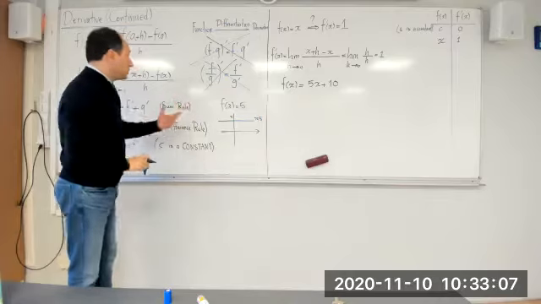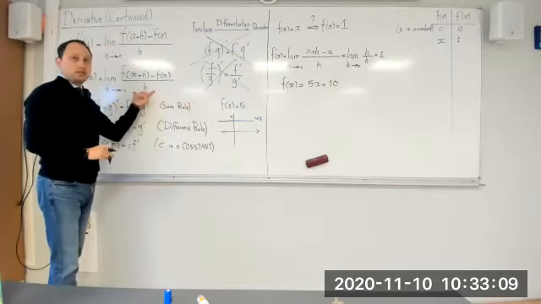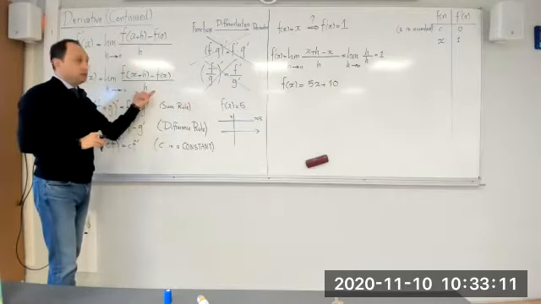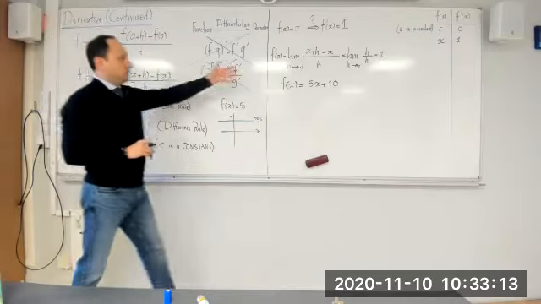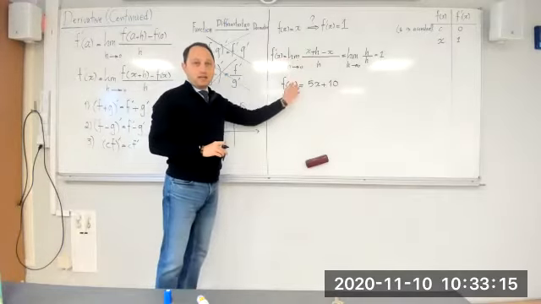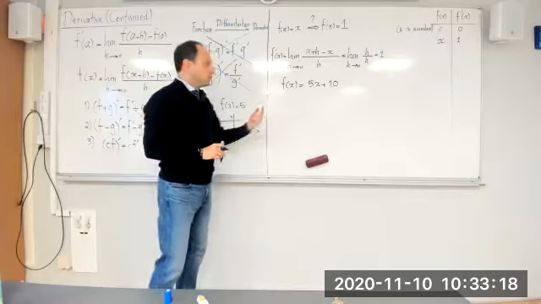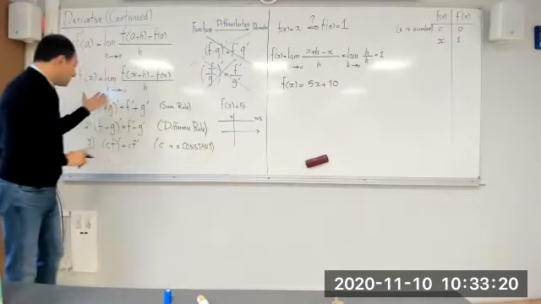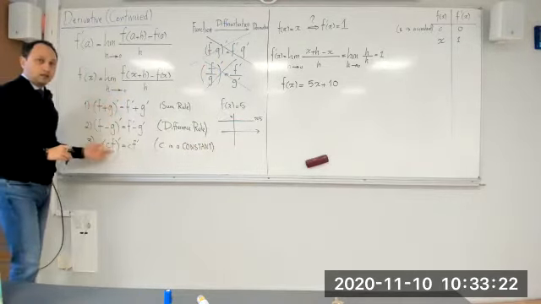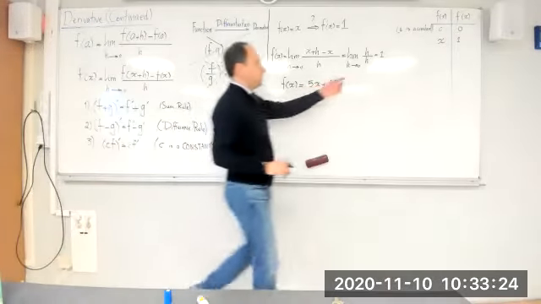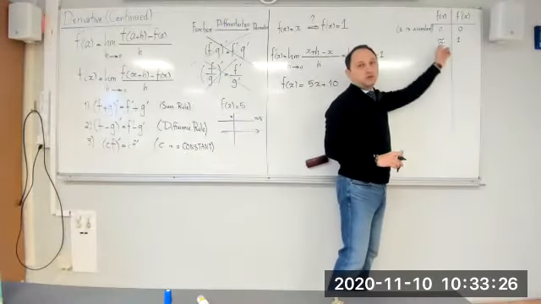Of course, you can go back and use the original definition to get the answer, but you can also combine the rules that you see here with two of these formulas that we have.